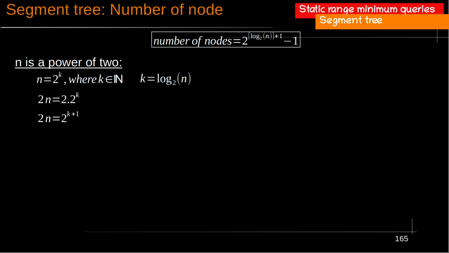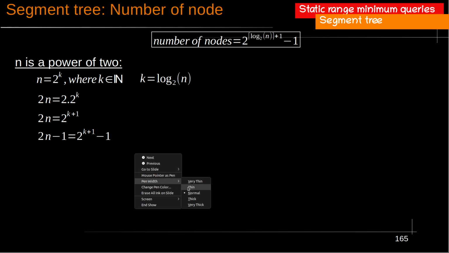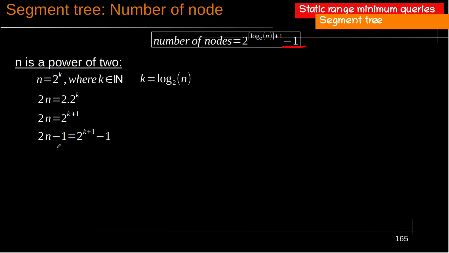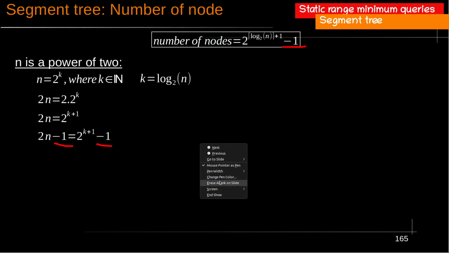So 2 times n is equal to 2 power k plus 1. I can subtract 1 from both sides to get this one. Okay.